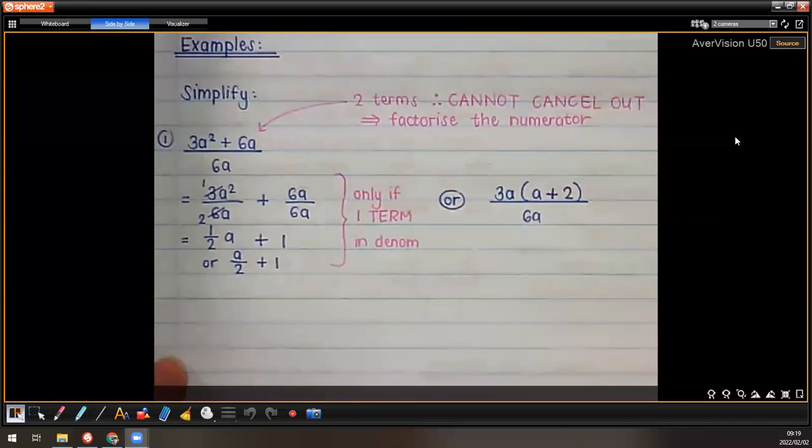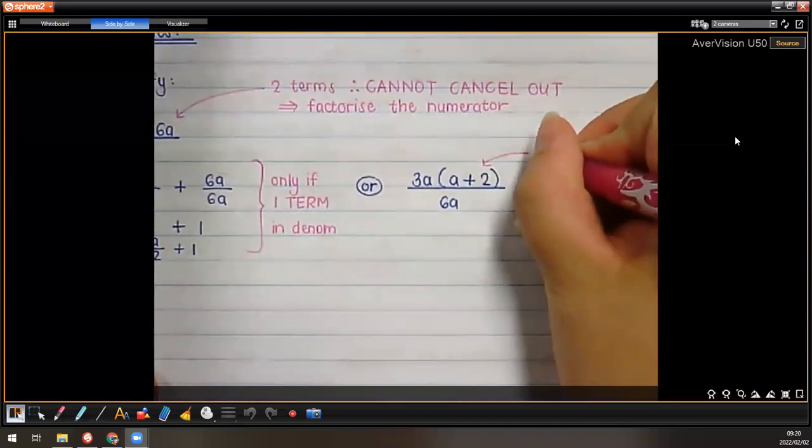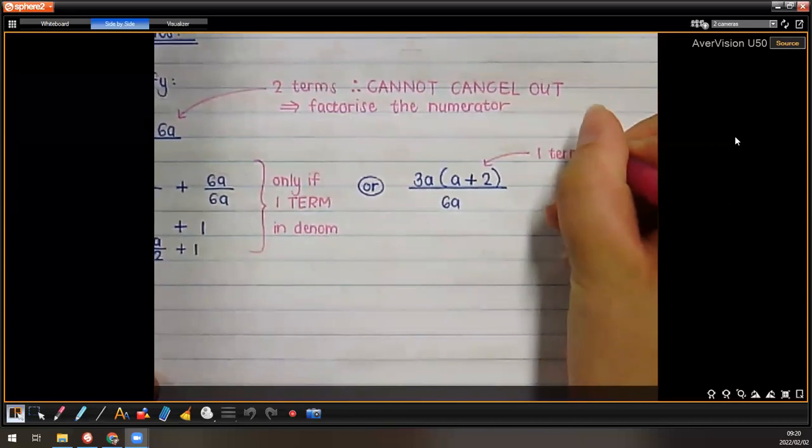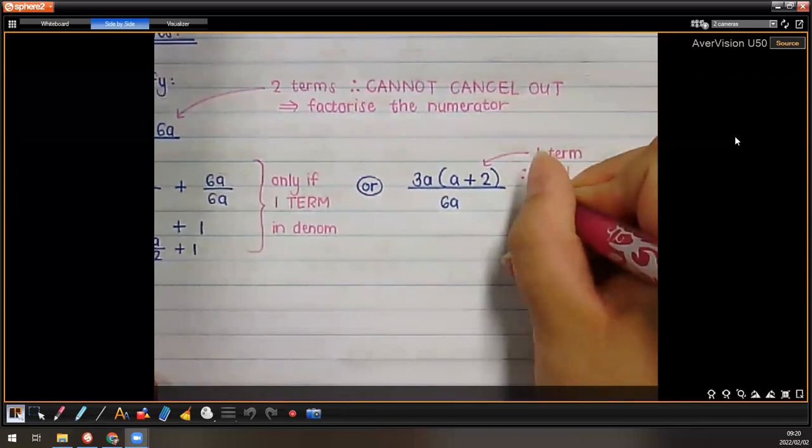6a. Now how many terms do I have at the top? 1. So now we can cancel out. Okay, now here we have 1 term, therefore we can cancel out.